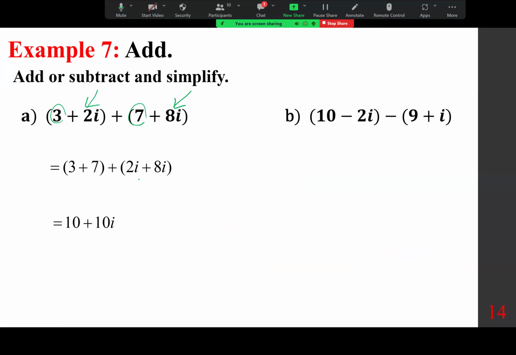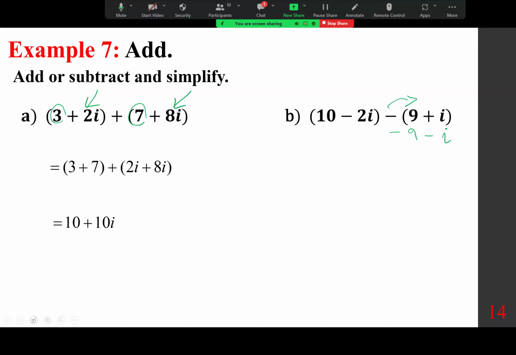For part B, you have to distribute the negative sign before you can move on. So we keep the first parenthesis as 10 minus 9, and then we change that to minus 9 minus i.